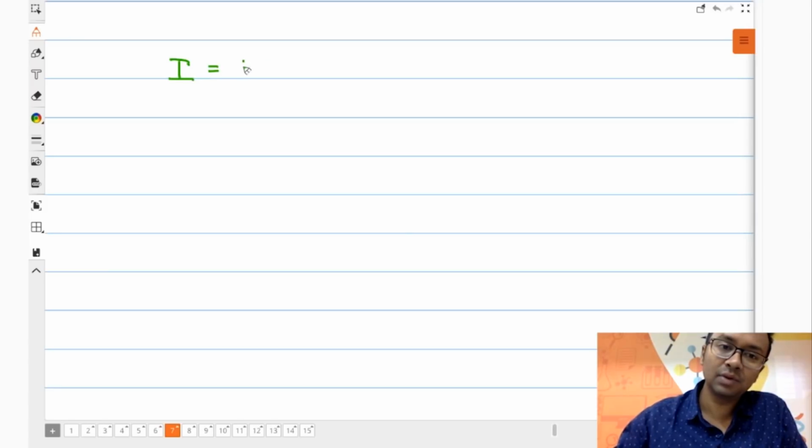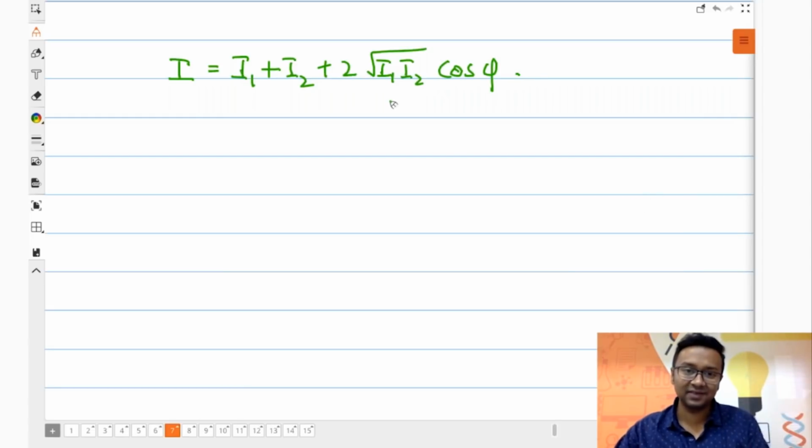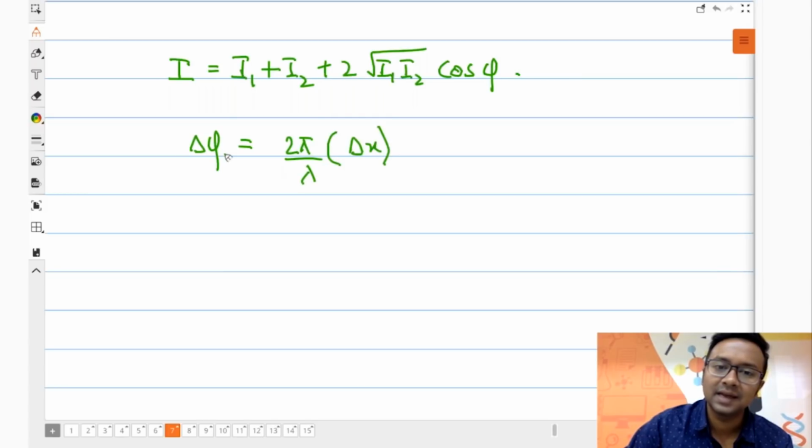Intensity is equal to I1 plus I2 plus 2 root I1 I2 cos of phi. This is my phase difference. These are the intensities from the two different sources of light. And we know delta phi, that is nothing but the phase difference, is equal to 2 pi by lambda into delta x.